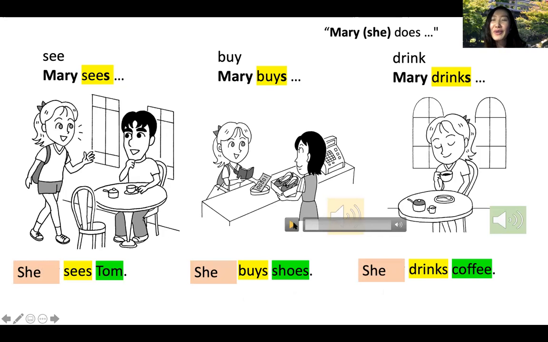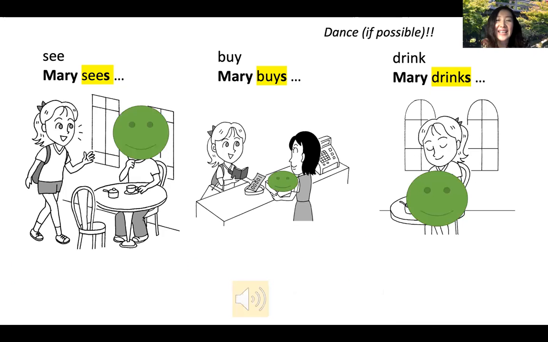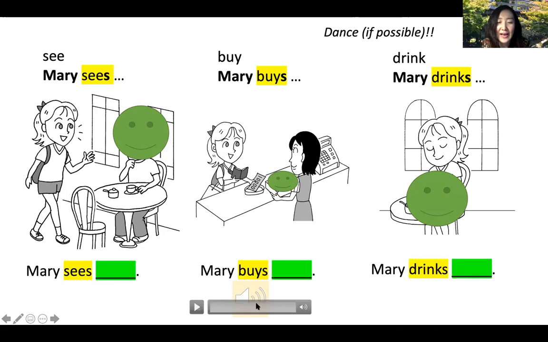You can even go faster, like a tongue twister. And then the last step is you can hide a certain part and have the students create phrases in a faster and more spontaneous way. So you can still use this cue, right? I'm going to play this music, so please try this out.